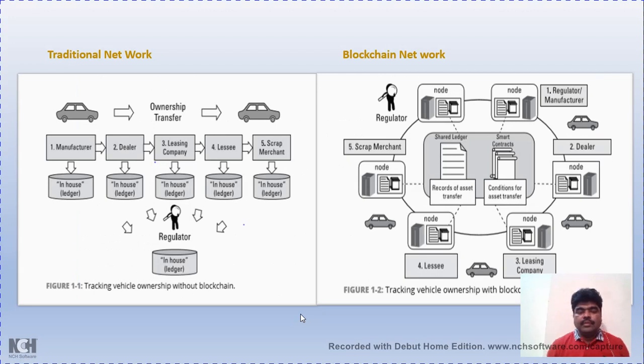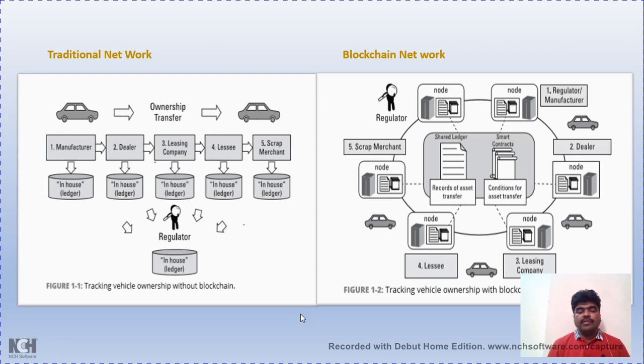Now, if you see the example, what is the difference between a traditional network and a blockchain network? Traditional networks see the transfer of ownership from the manufacturer to the end user.